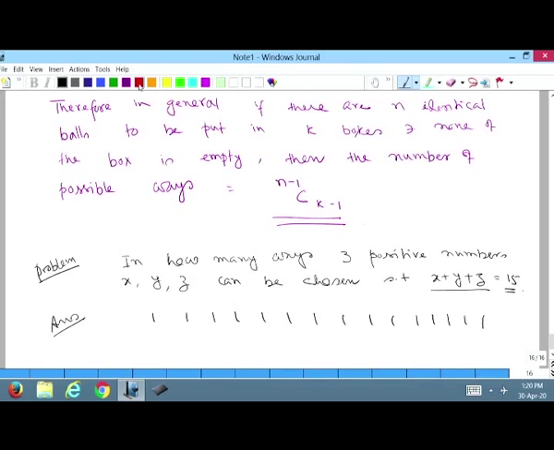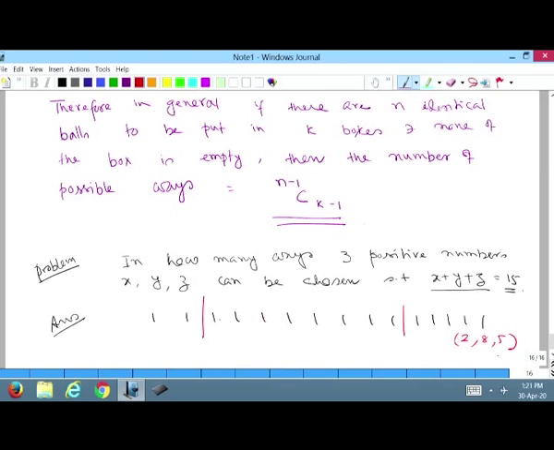Already I have 15. So, I can arbitrarily choose two lines in the 14 gaps, and that gives me the partition 2, 8, 5.